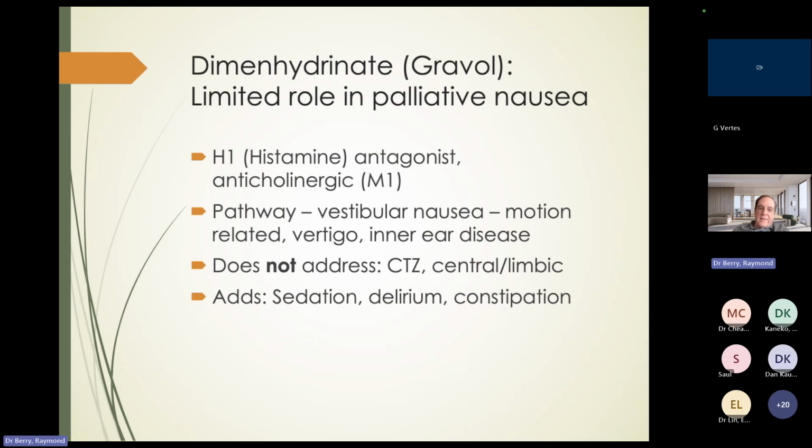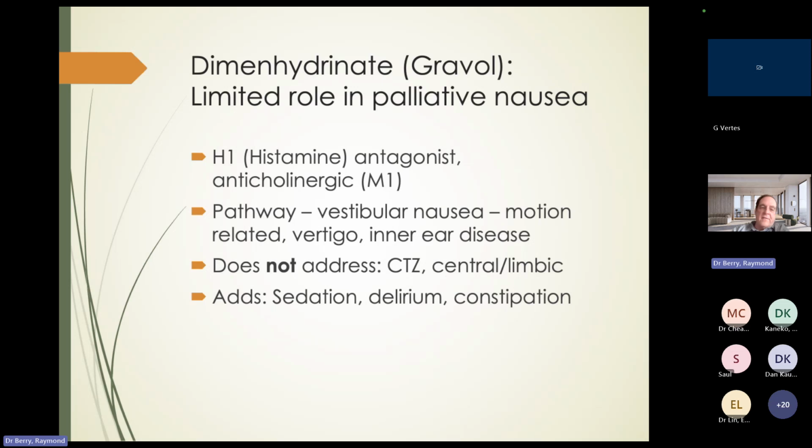So Gravol, it's a histamine antagonist, also very anticholinergic. This works only really on the vestibular pathways. A very, very mild effect on the chemoreceptor trigger zone, but basically it doesn't address this. It adds significant sedation, which again, if you're nauseous, sometimes makes you feel better. You fall asleep.